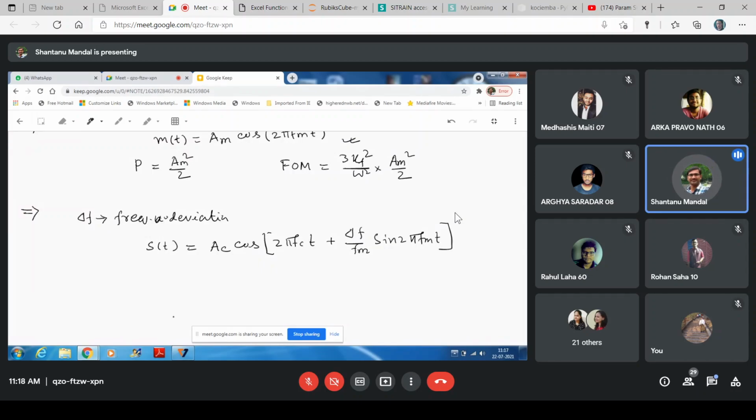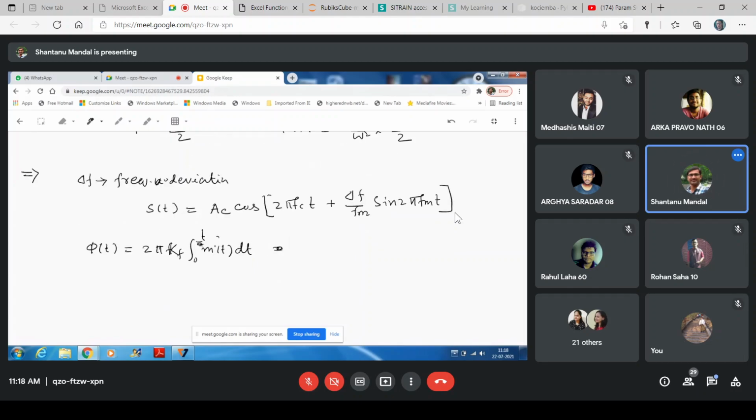Again, you have phi(t) equal to 2 pi kf into the integral of m(t) dt. So this is equal to del F by FM into sine of 2 pi FMT. This is phi(t).